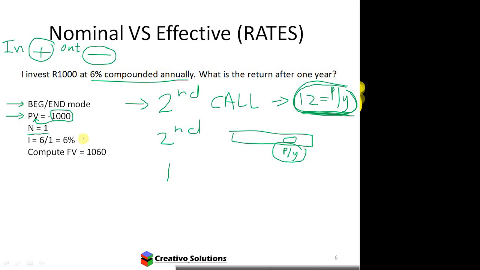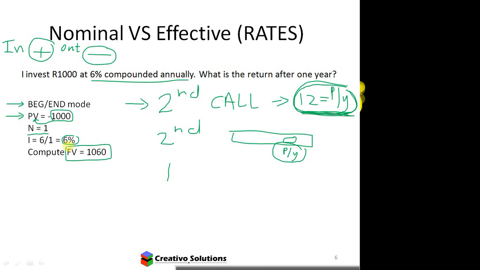So what is the rate? 6%. Because how many years in a year? 1. So 6 divided by 1 is 6. So press 6 and then press the I over YR. Now what did you want? Correct. So just press future value.